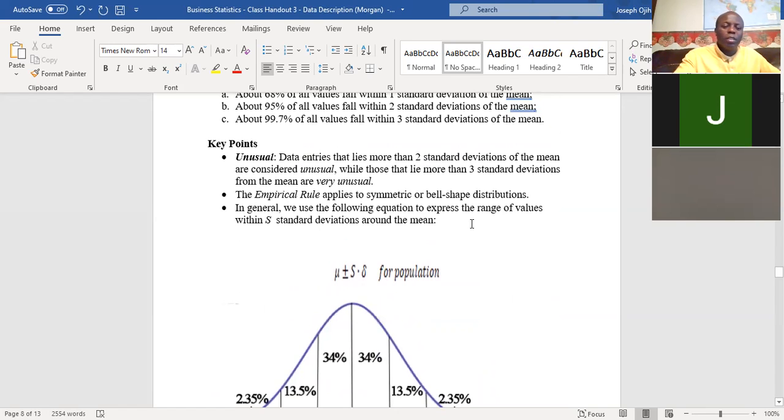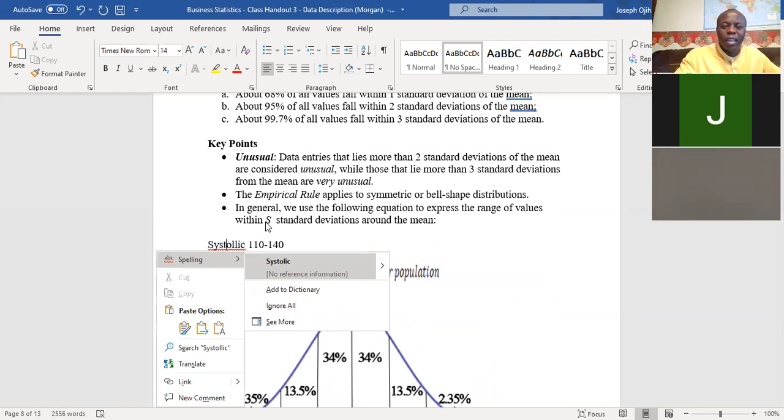We say that systolic blood pressure is normal when it is about 110 to 140 millimeters of mercury. I'm talking about only the systolic. You know, with blood pressure, usually there are two numbers. One is systolic, one is diastolic.